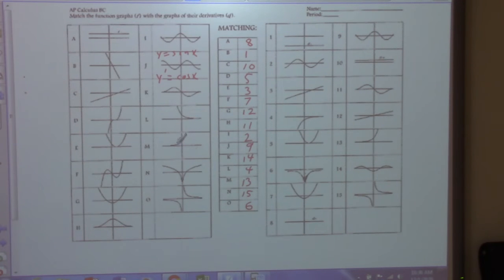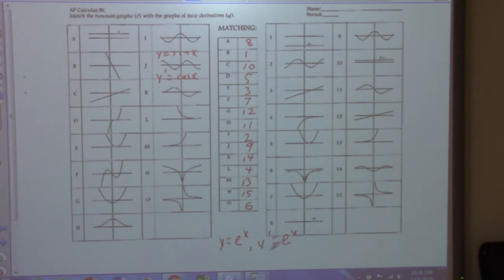And then this one here, you notice that M was related to 13. So here's 13. Don't M and 13 look the same? Mm-hmm. Okay, what that is: if you have y equals the exponential function e to the x, y prime is also e to the x.